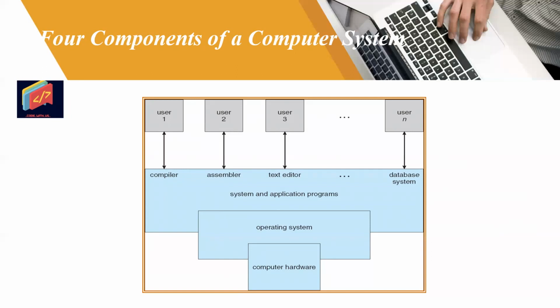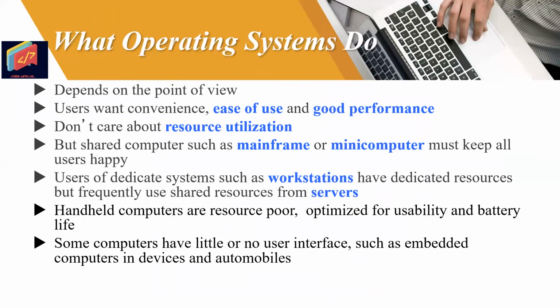And coming to the next slide, which tells about what the operating system does. What does the operating system do? It depends on the point of view. The user wants convenience. Whenever we take any interface, it should be convenient to the user.